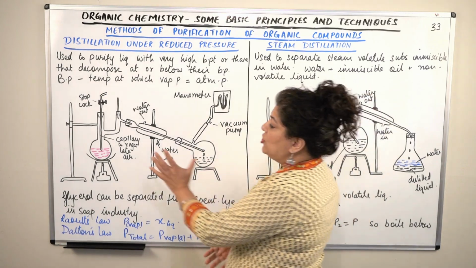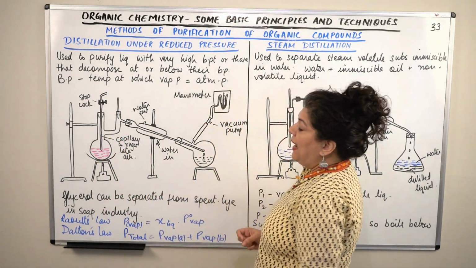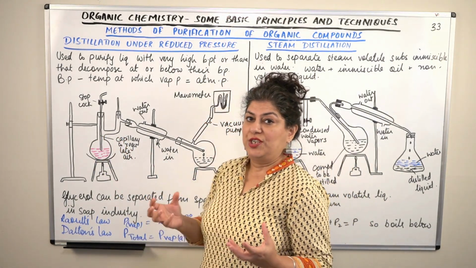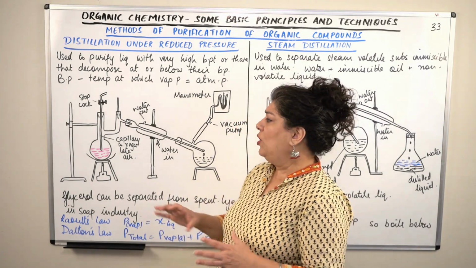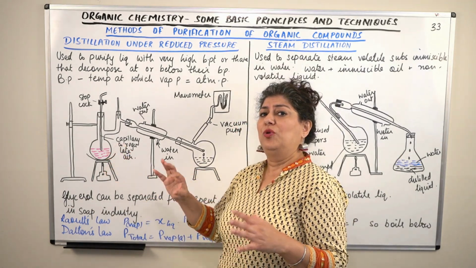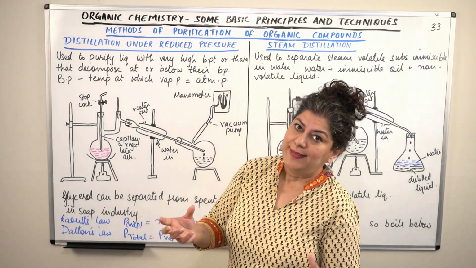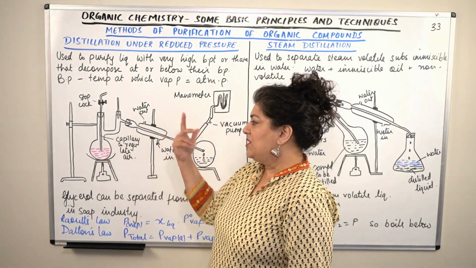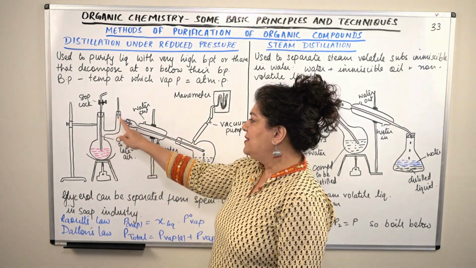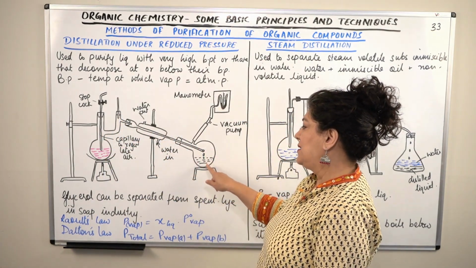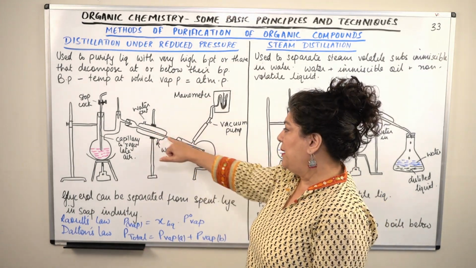So now, you start boiling the mixture, and when it boils, it is like simple distillation. The only difference is that here the compound is boiling at a temperature lower than its boiling point, and the rest of the process is the same. The vapors rise, they are condensed and collected as they pass through the condenser.